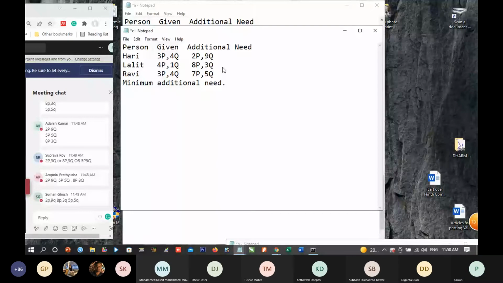Now, when there is a single instance of every resource, using resource allocation graph, safety is checked. When there are multiple instances of the same resource, then the banker algorithm is required.